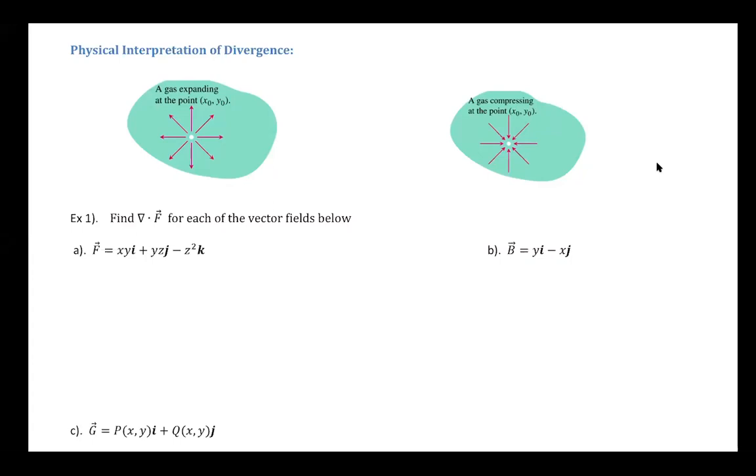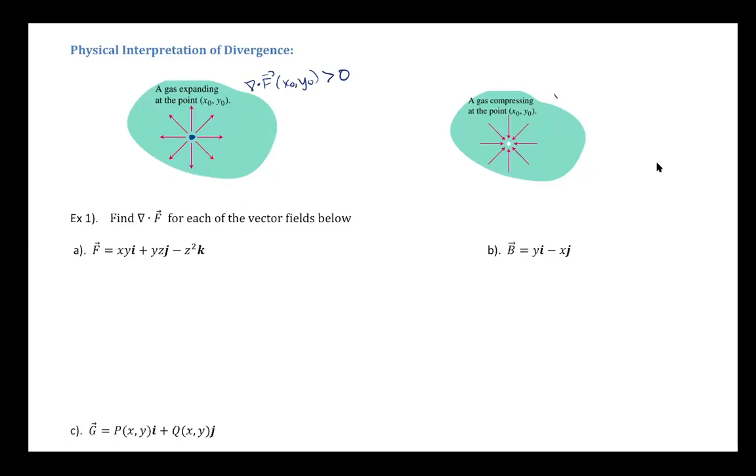Right now, I've given you the formula of how to calculate it, and we just told you there's some physical intuition. We haven't proven why. So if this is the point x naught, y naught, the divergence of the vector field at this point would be positive, because you could think of a gas expanding at that point, or water coming out of a source that's happening right here.